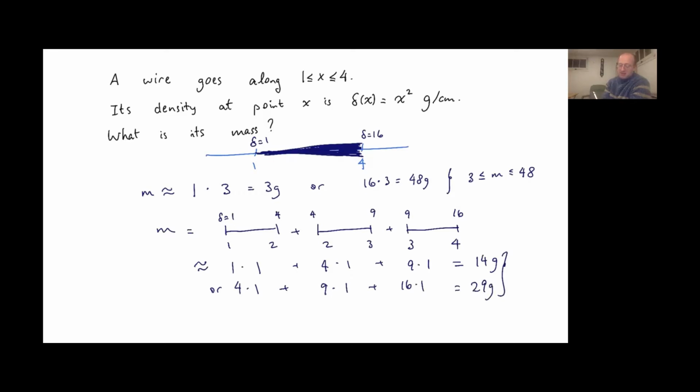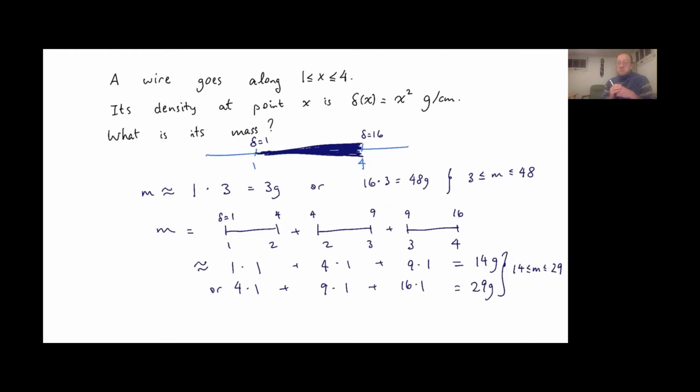And that means that the mass is between 14 and 29. So from 3 to 48, we've narrowed it down to 14 to 29. It's still a scope of 15 grams in our window, but that's better than the 45 that we had before. So we've narrowed it down a good bit.